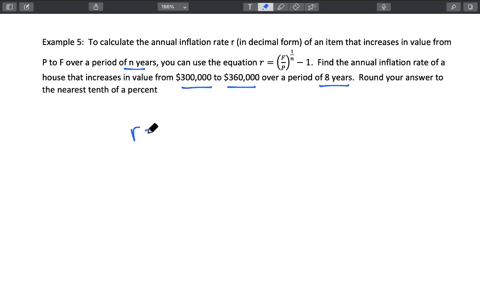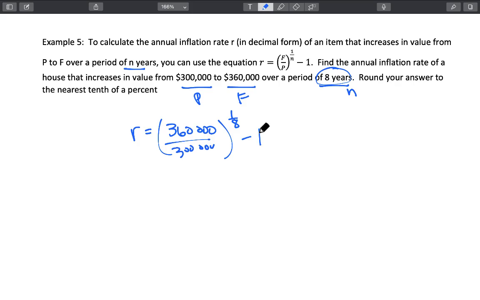So using our formula and plugging in what we know, remember it's increasing from P to F, so we have 360,000 being divided by 300,000, all raised to the 1/8, since 8 years is the number of years. That's our n value, so 1/8 minus 1.